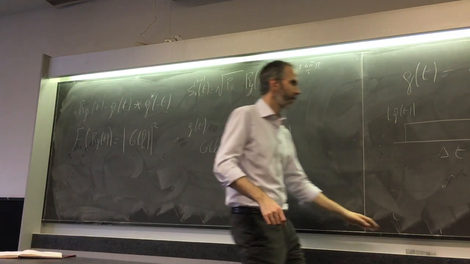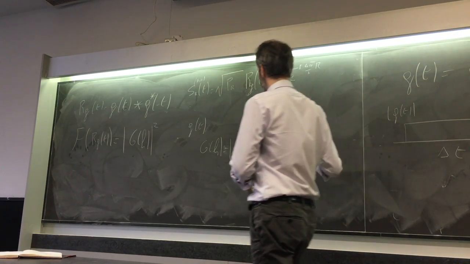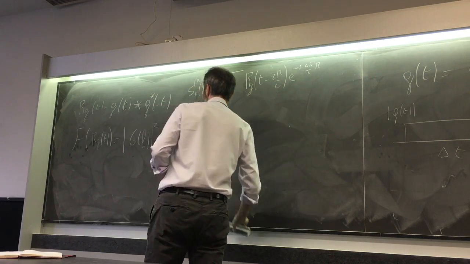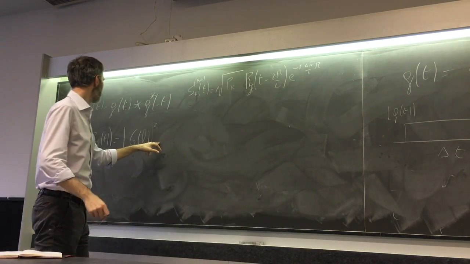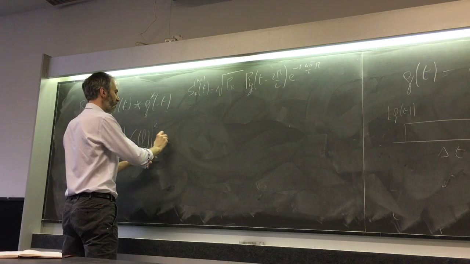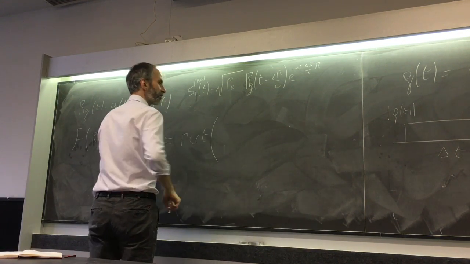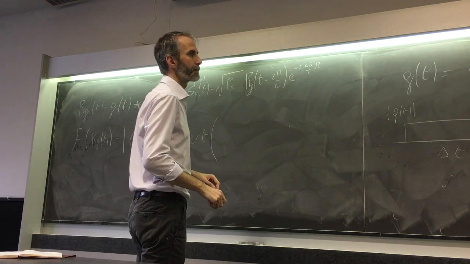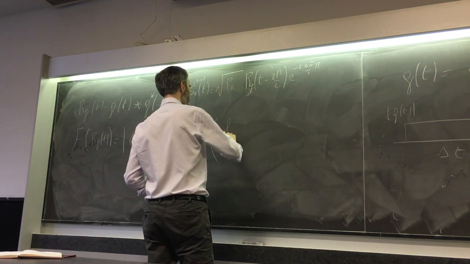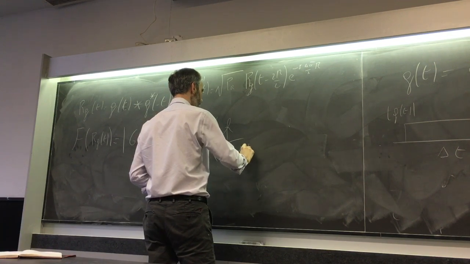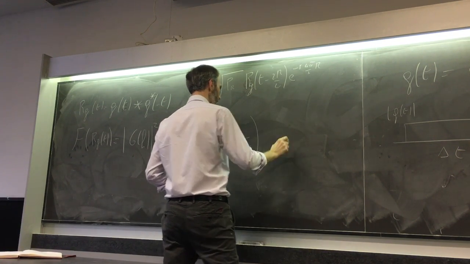Now, in this case we say that this magnitude is more or less a rectangular pulse with bandwidth equal to alpha times delta t.